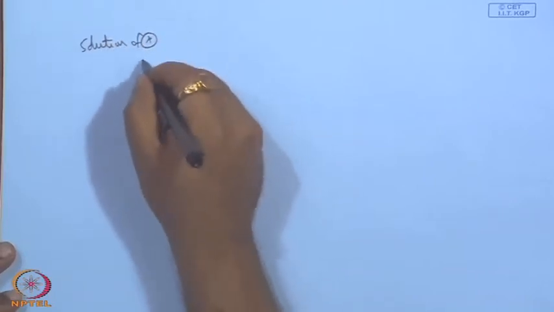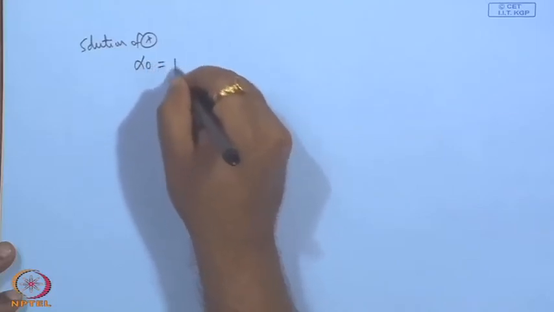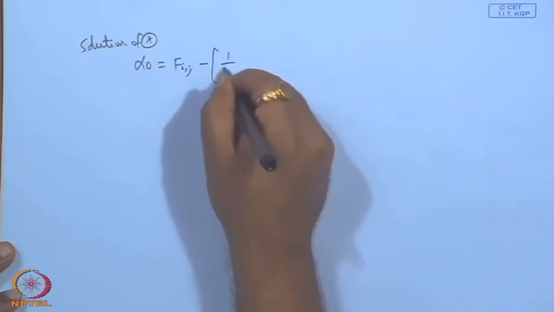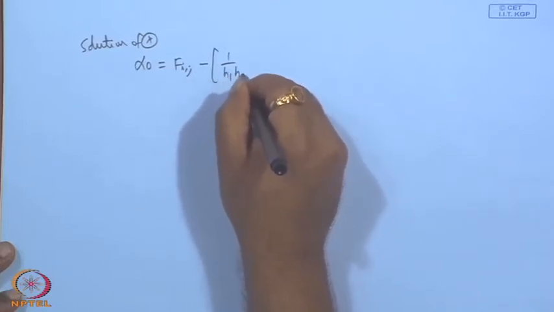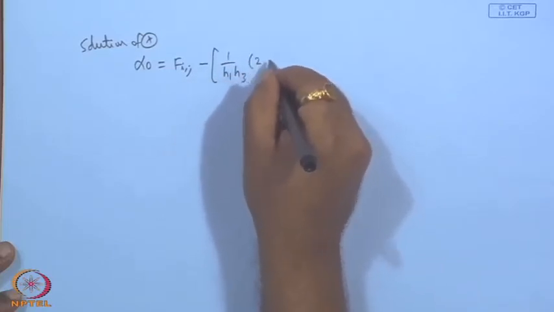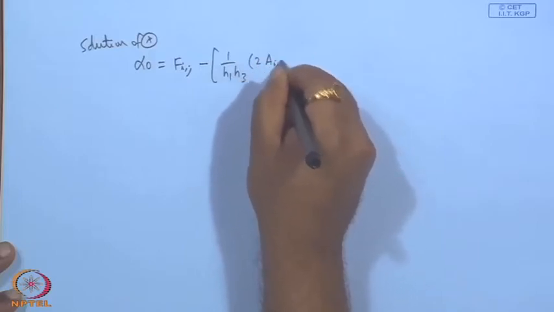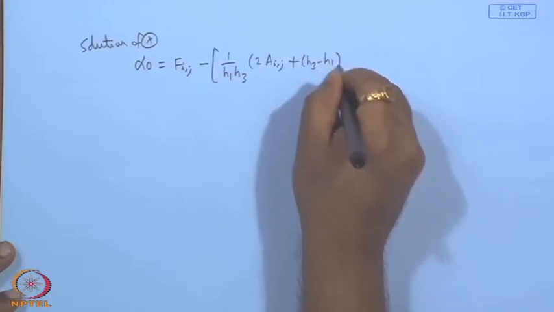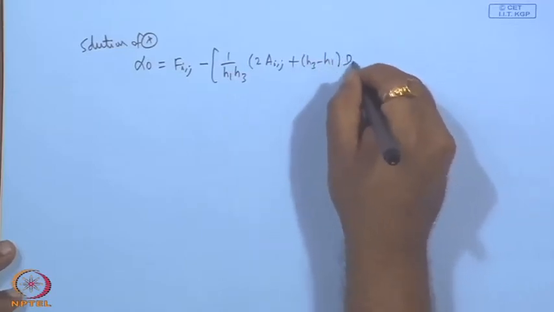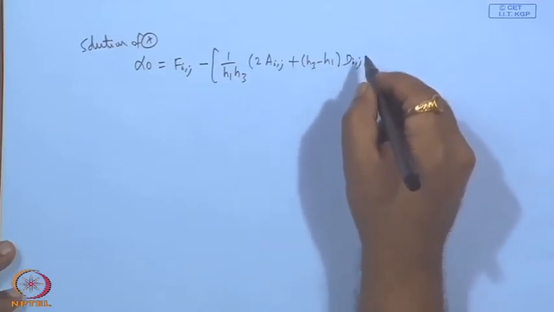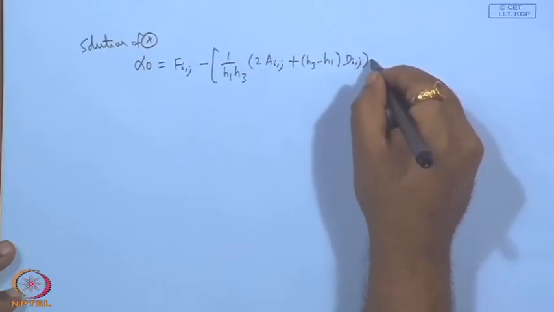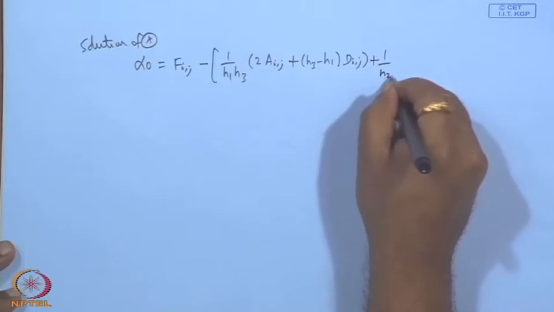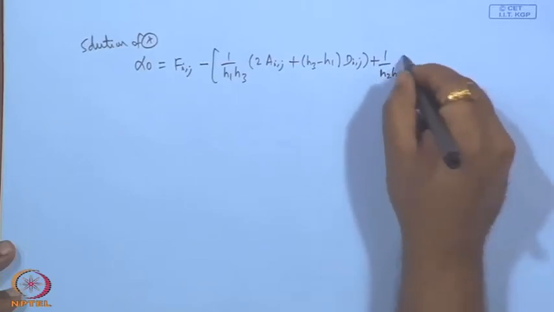Solution of star: alpha 0. So for completeness I am writing. So, better you derive it and then feel for it. Okay.